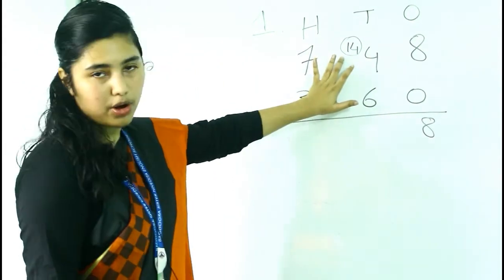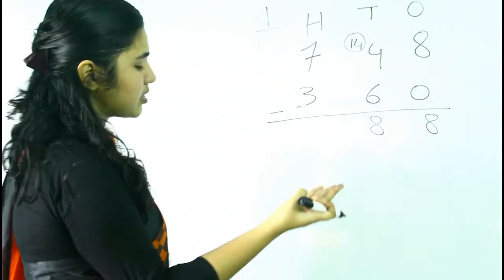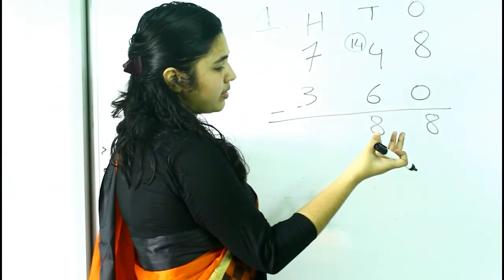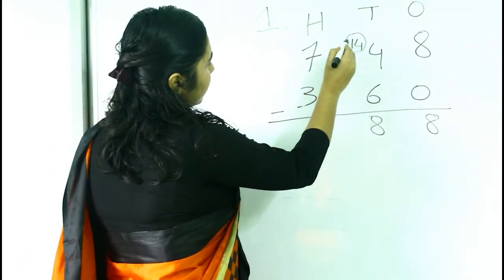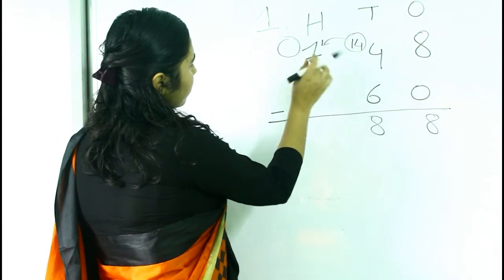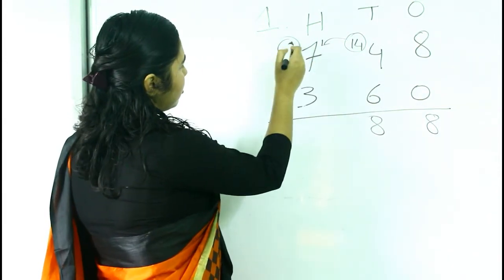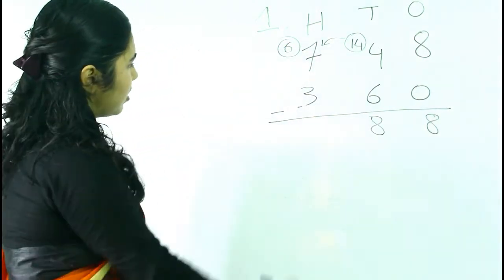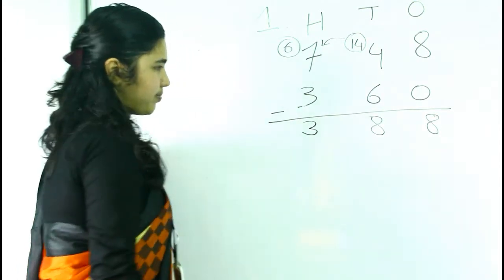Now subtract from 6. So we will get again 8, because after 6, 7, 8, 9, 10, 11, 12, 13, 14. So 8. Now take this one here and subtract from this hundreds place digit, which is 7. So we will get 6. Next subtract 3 from 6, which is 3.